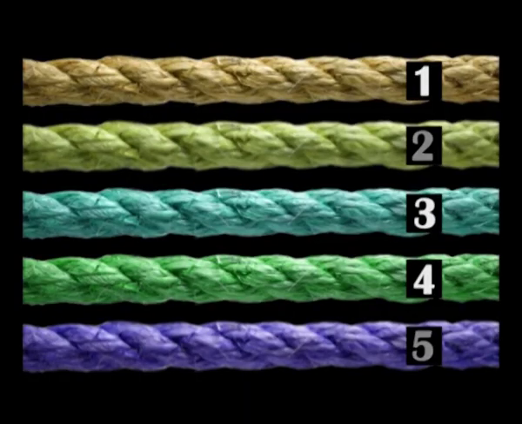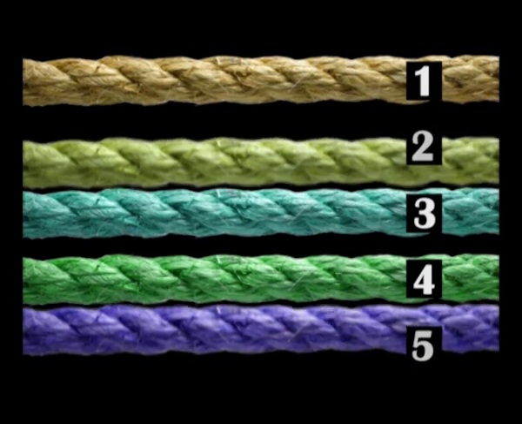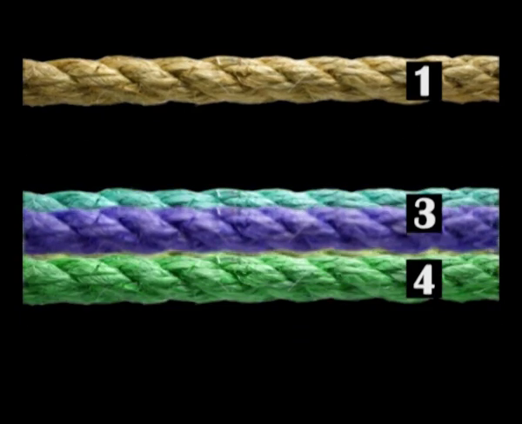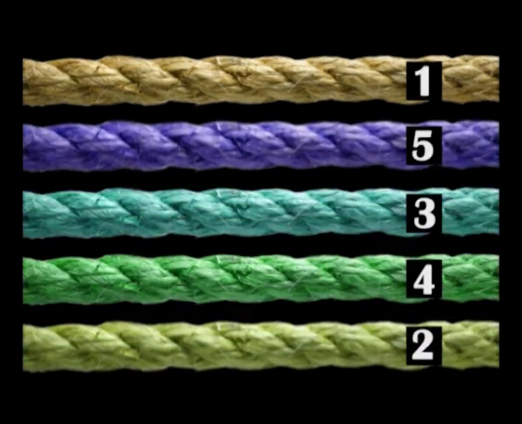In this case, if I tell you to change the position of rope 2 and take it to the position of rope 5, and bring rope 5 to the position of rope 2, now the order would be 1, 5, 3, 4 and 2. If I give you this example and if I give you a rope, you will be able to do it. That is not an issue at all. This is the concept of non-linear editing.